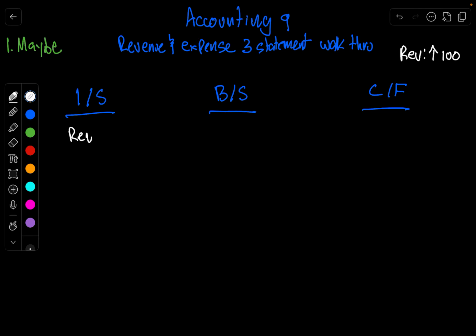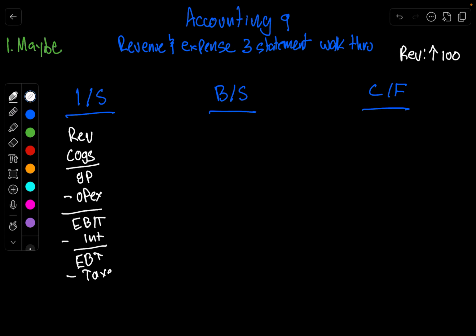We have our revenue, then we have our costs of goods sold, that gives us our gross profit, then we subtract out our operating expenses, then we get our EBIT, right? Then we subtract out our interest, that gives us our EBT, or our pre-tax income, then we subtract out our taxes, right? And that gives us our net income.